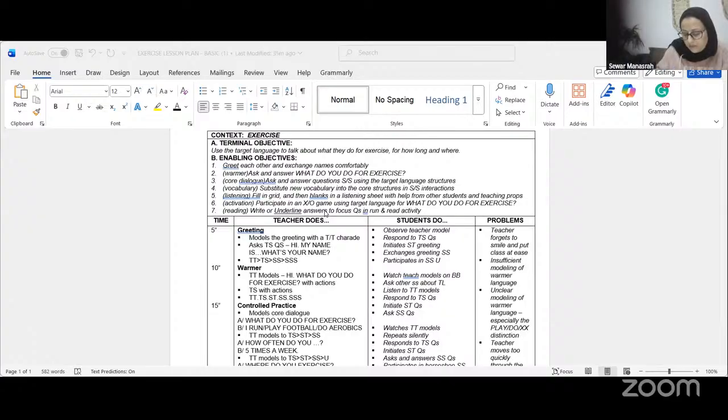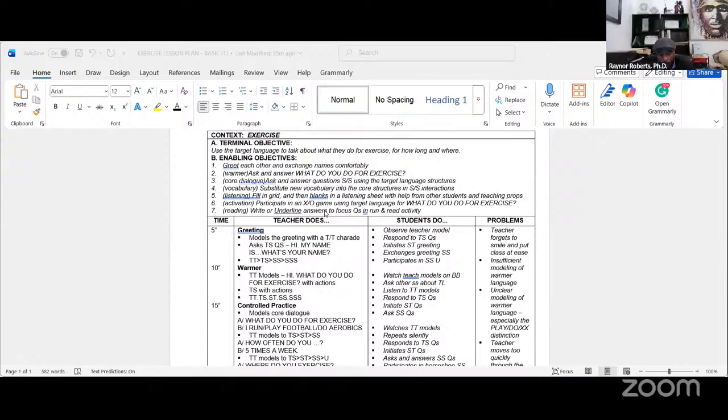So the warmer is what exactly? Because I see different opinions related to the warmer. Sometimes they said to start with an activity, a song, like this. But you put here the question, what do you do for exercise?